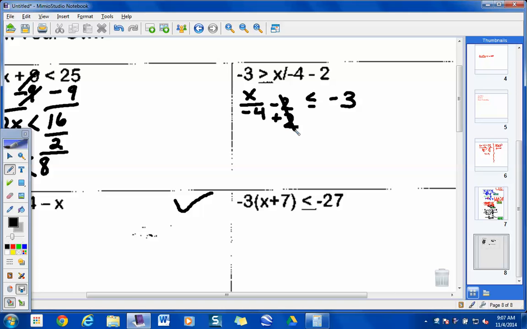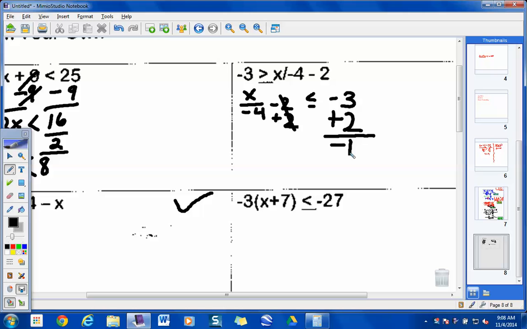Like so. -1, right? Excellent. Four. Now, we would multiply by 4 here. All right, let's hold on 1 second.